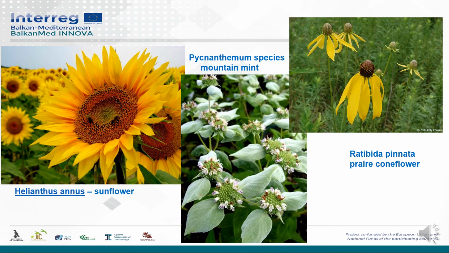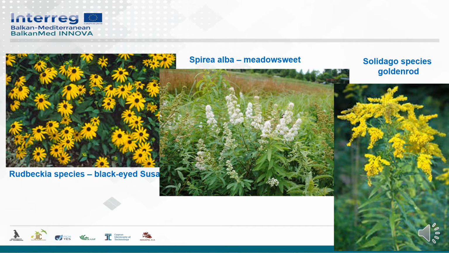Okay, let's go to another slide to show the plants. You see, you have 3 species presented here. These species you have in the list that I gave in the previous slides, and you will have the possibility to see this list, as I said, as a separate file that you can download.